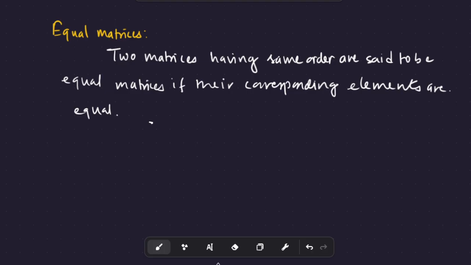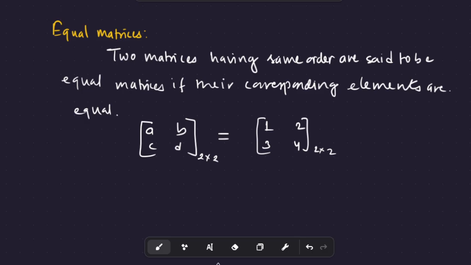Like for example, if here is A, B, C, D, and this matrix is of order 2 by 2, and another matrix is 1, 2, 3, 4. This also has the same order of 2 by 2. Now, if these two matrices are equal, then their corresponding elements must be equal.